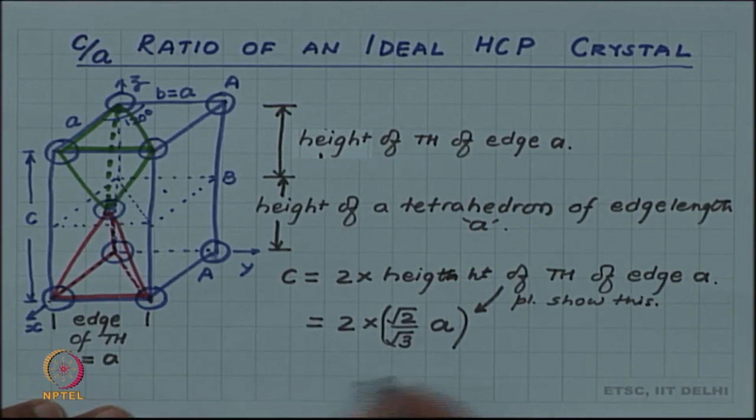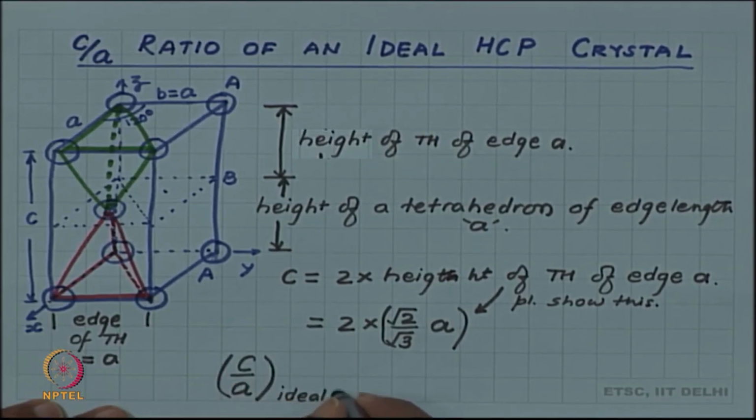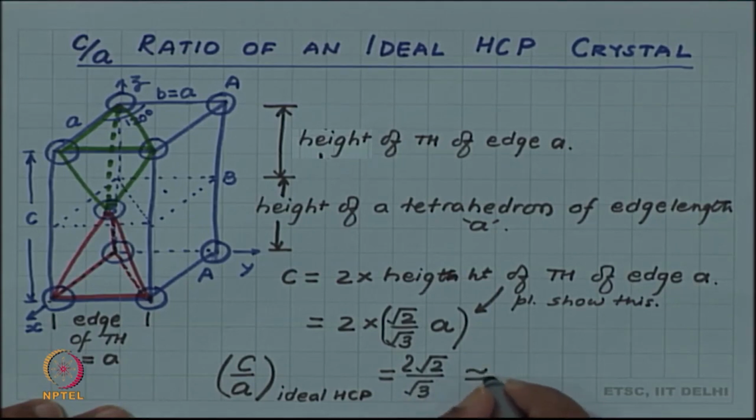So, what you get now, if I try to find C by A, and this we call the C by A for ideal HCP, this becomes 2 root 2 by root 3, or if you calculate it up, the approximate value will be 1.633.